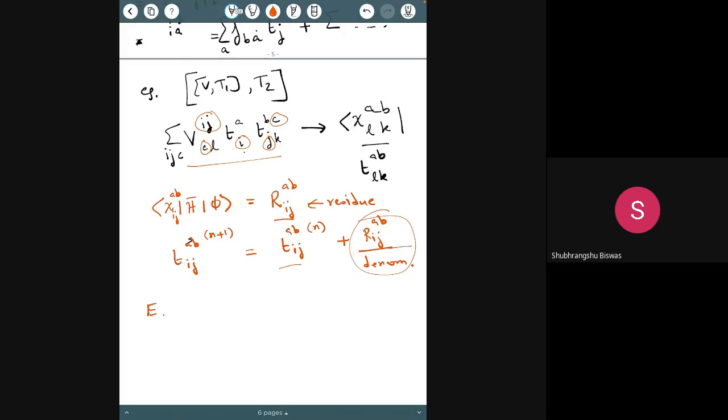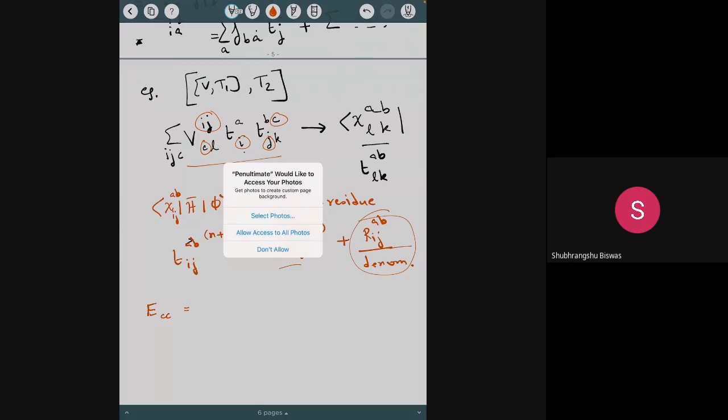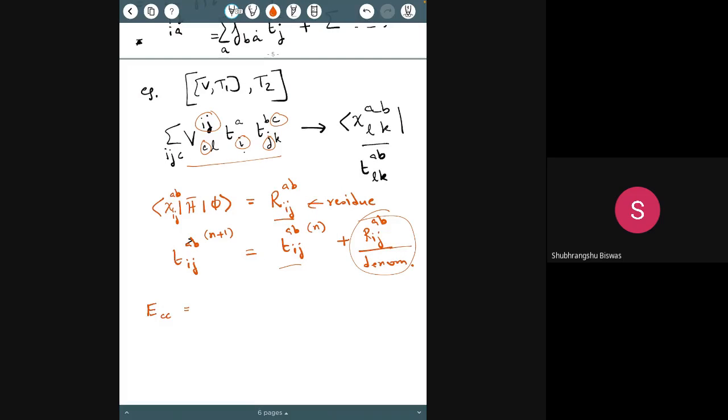Okay. So ECC is equal to E0 plus, like I said, the expectation value of H bar with respect to what I was calling phi Hartree-Fock.